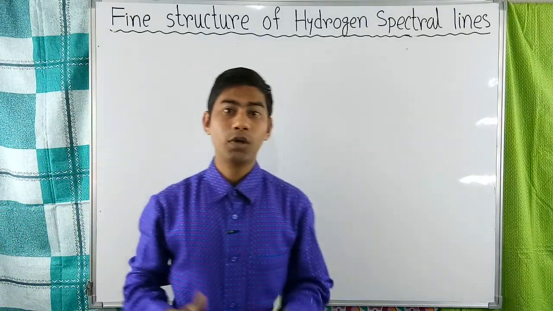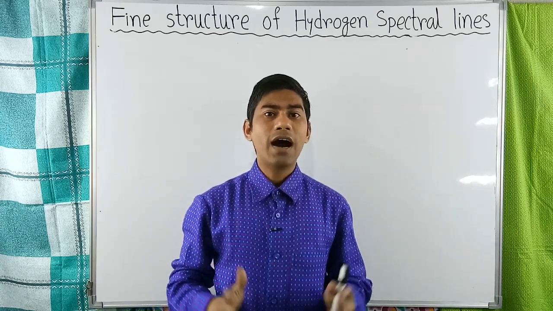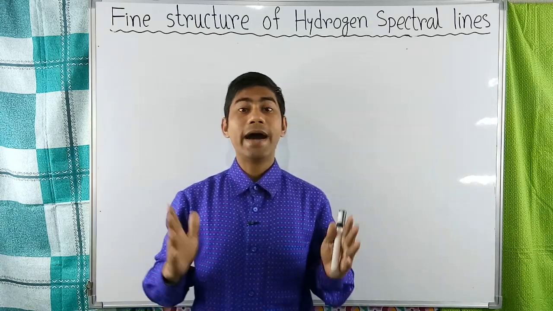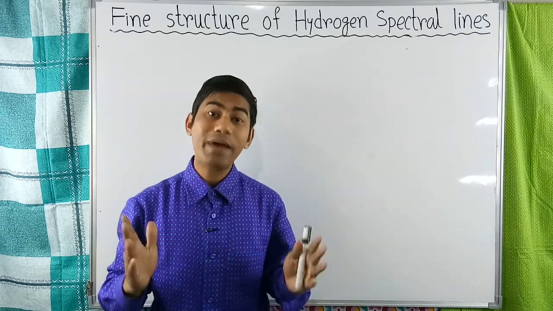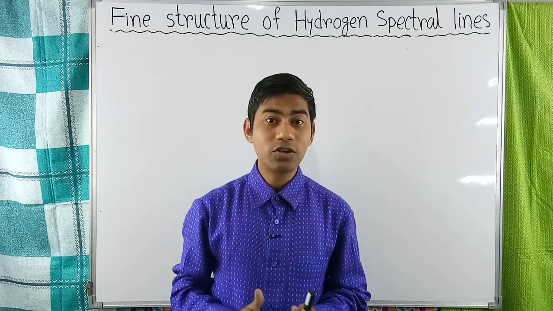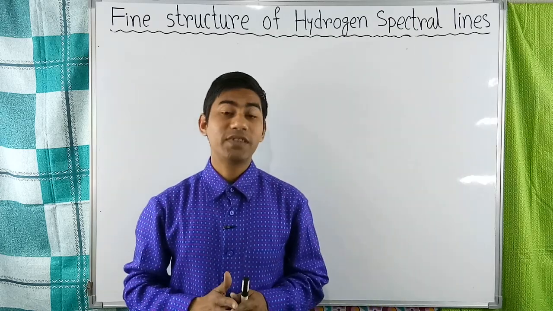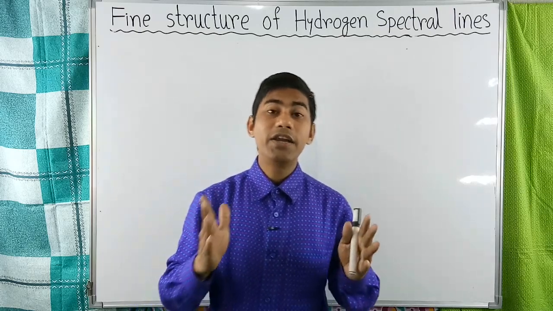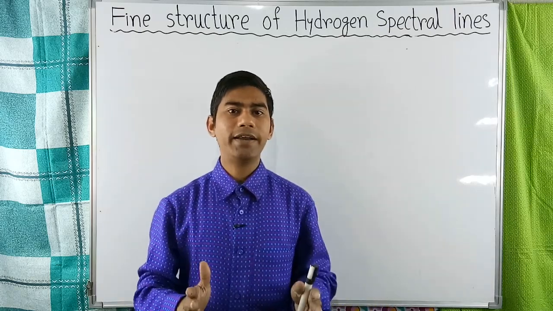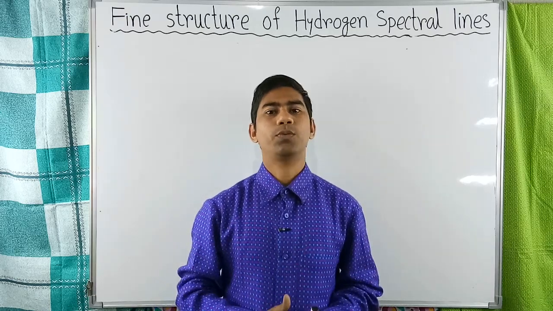When the lines of the hydrogen spectrum are observed by a high resolving power spectroscope, each line is found to consist of several closely spaced lines, that is, lines differing from one another in frequency by a very small amount.